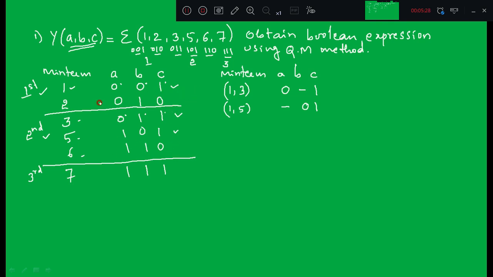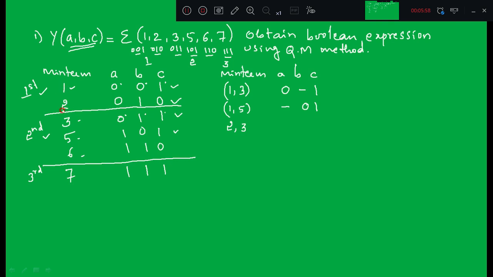Next, we will take the next minterm in the first group and compare it with all three minterms in the second group. So 2 and 3, yes, they differ in this bit, so 0 and 1, giving 2, 3. I cannot put these two minterms in one group yet, because in my initial table I have two minterms in my first group.